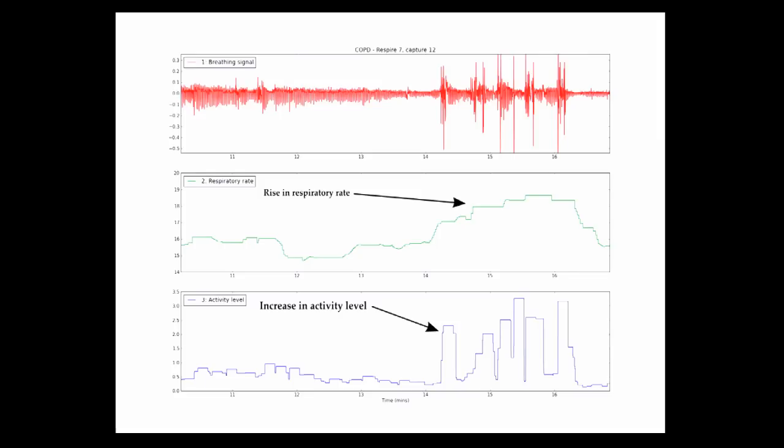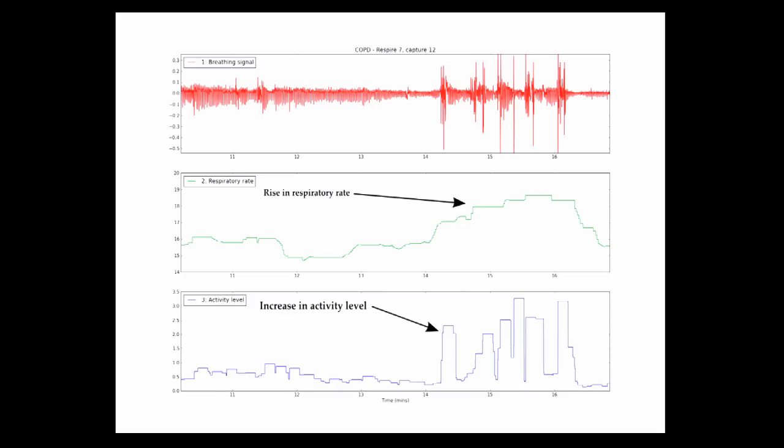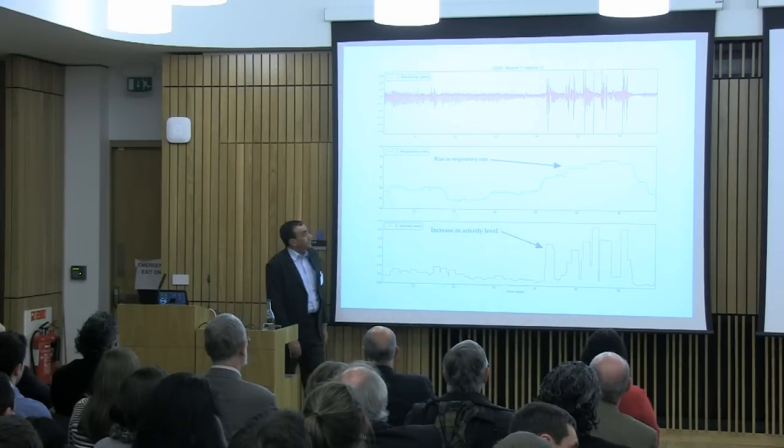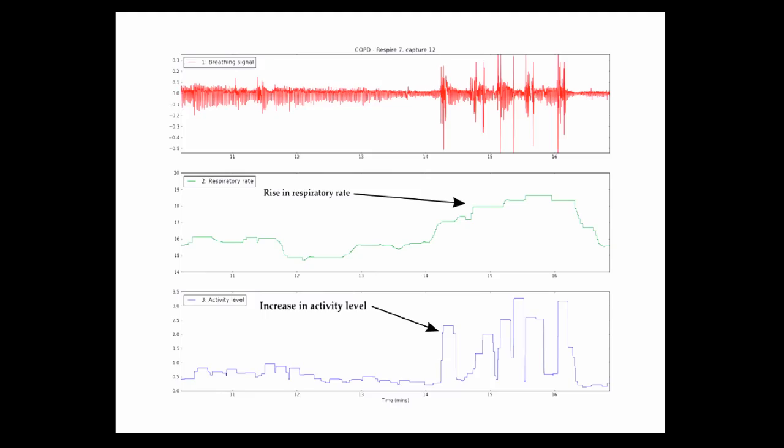This shows an example of what's happening here. These are ongoing trials which measure the activity level, and as the activity level goes up, you can see that the respiratory rate also goes up. So you can correlate these things and come up with a scorecard: what are the different indicators which give you some idea as to whether the person is deteriorating or the condition is improving using this technology.